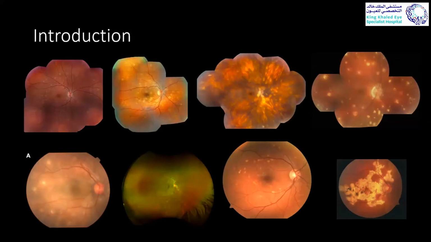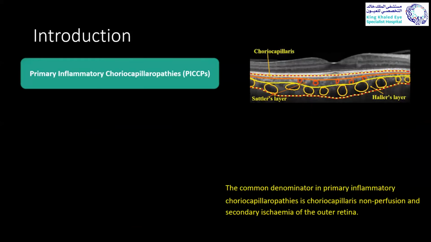So after the arrival of the ICGA, the term primary inflammatory choriocapillaropathies was used to describe a group of diseases in which choriocapillaris involvement is the primary cause of the disease.